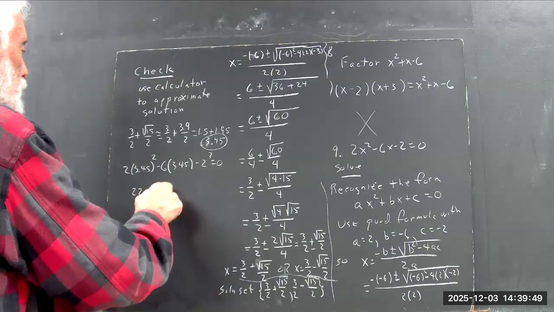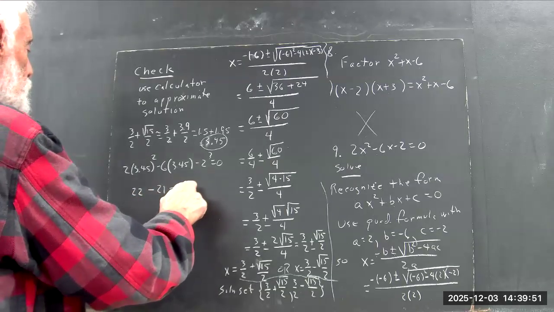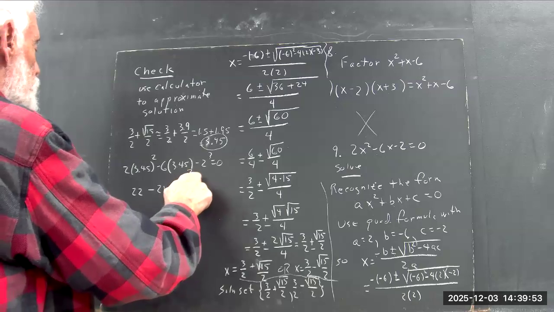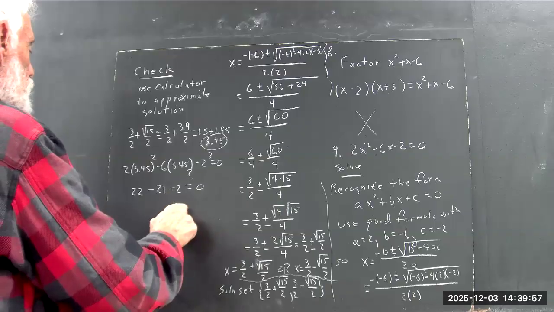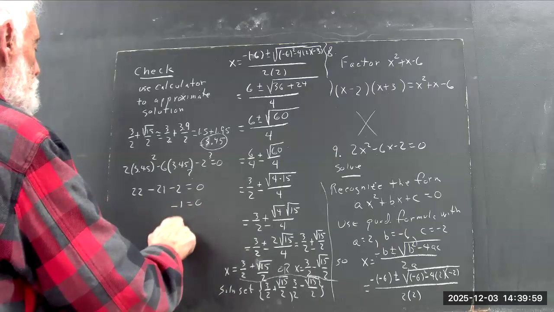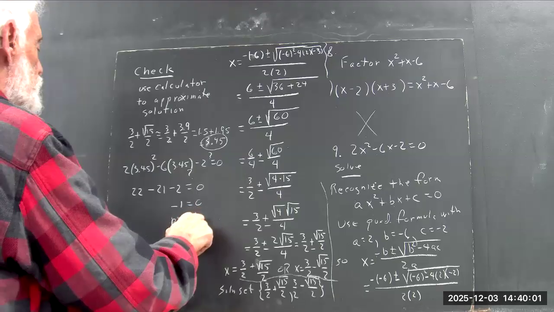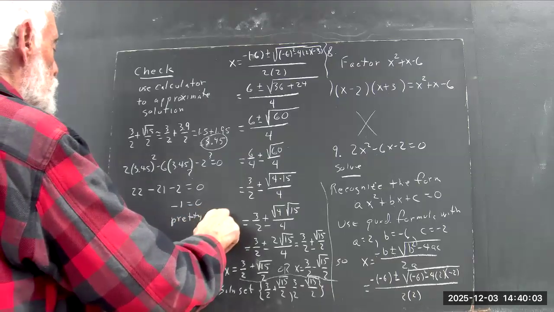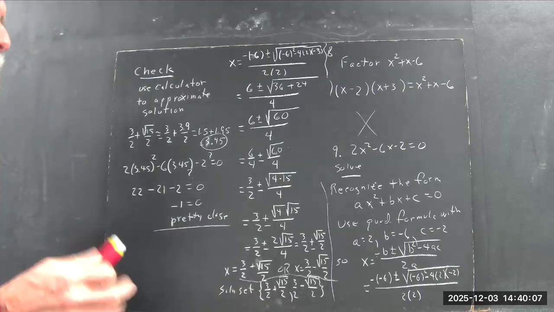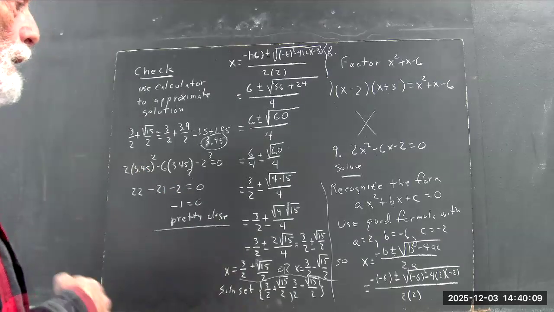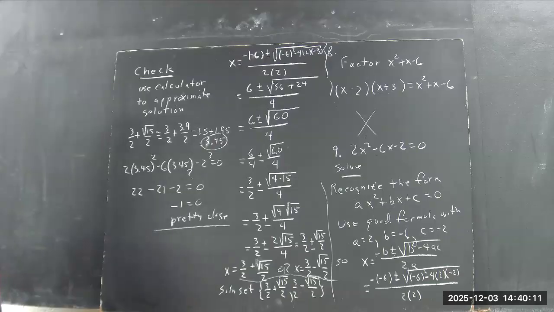So I'm going to say that's maybe negative 21 minus 2. Does that equal 0? Well, when you add all this up, you get negative 1 equals 0. That's pretty close. So that's not an absolute check, but it's pretty good confirmation.